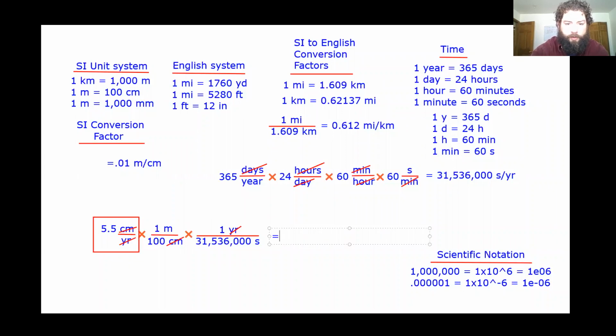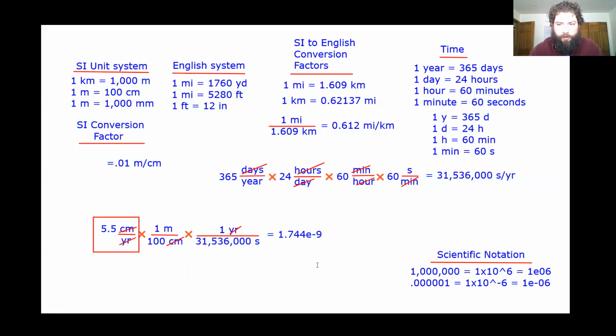Okay, so our velocity is 1.744 e to the negative 9. Okay, so that's very slow. Obviously, if we're measuring a speed in centimeters per year, and there's 31 million seconds per year, the speed in meters per second is going to be very slow. So that's what we expect.